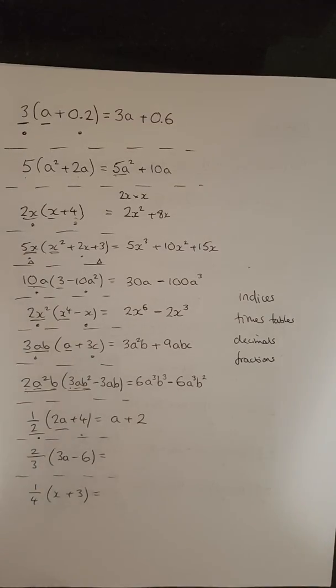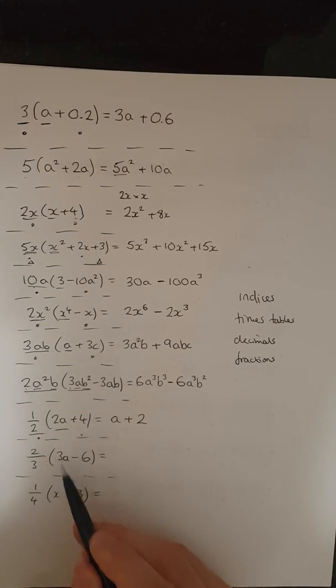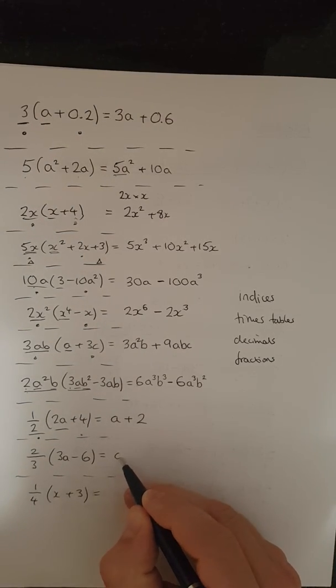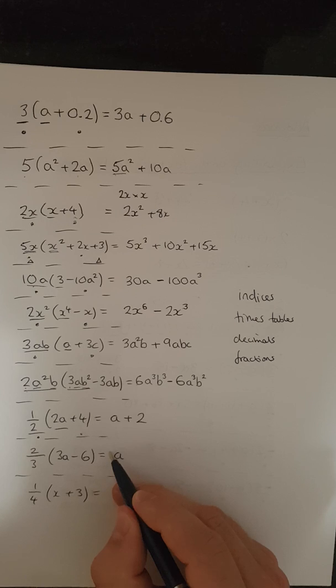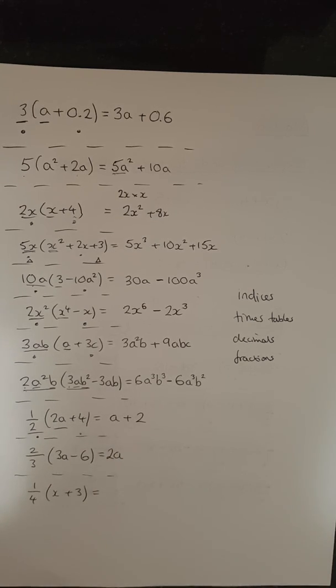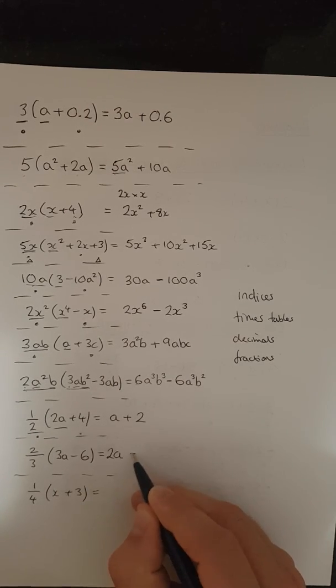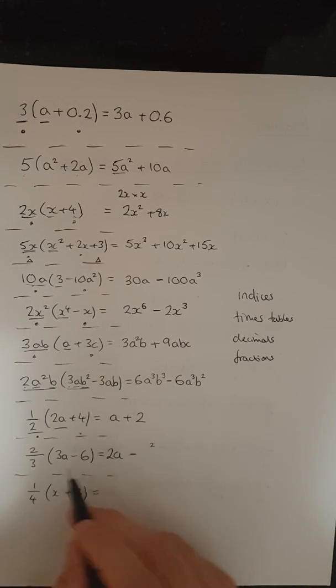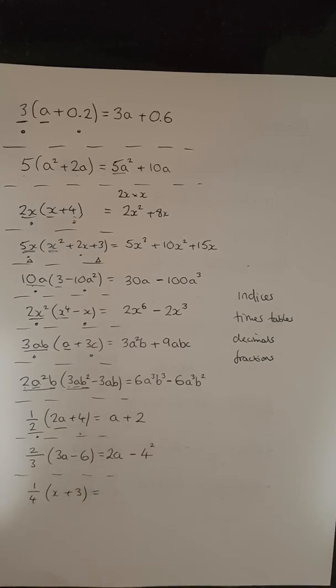In trying to find 2/3 of something, I'm going to have to make sure in my head I find 1/3. So 1/3 of 3a is a, so 2/3 is 2a. 1/3 of 6 is 2, so 2/3 would be 4.